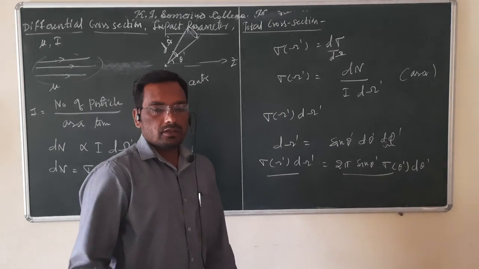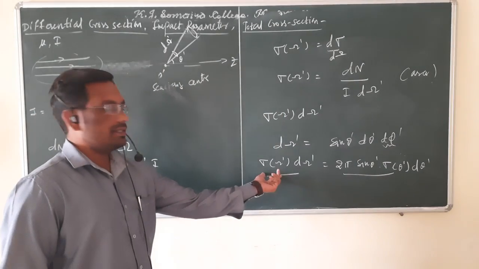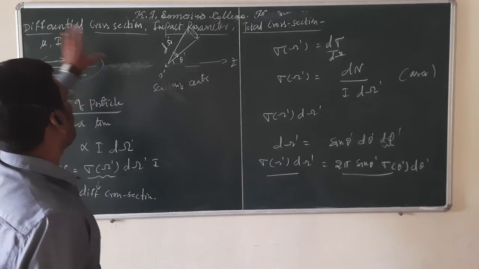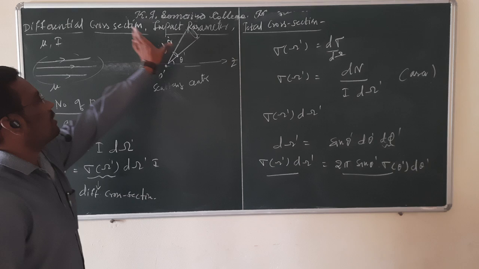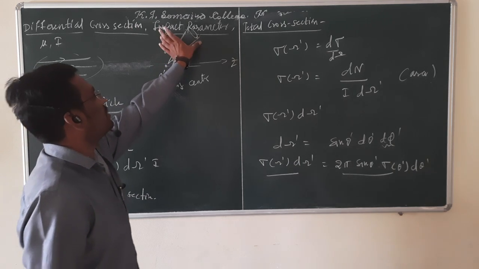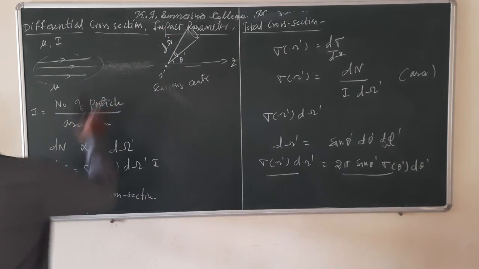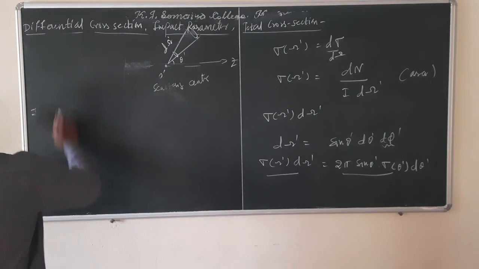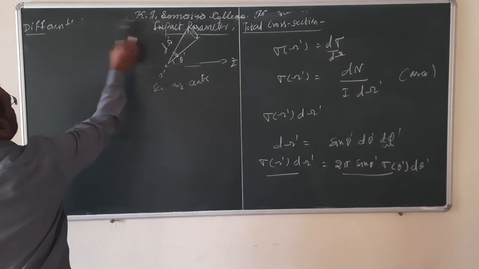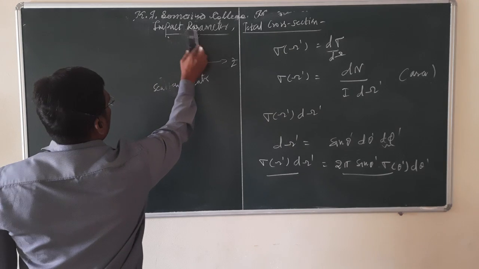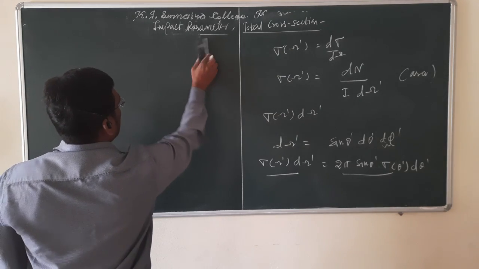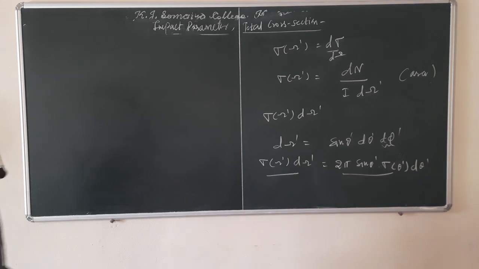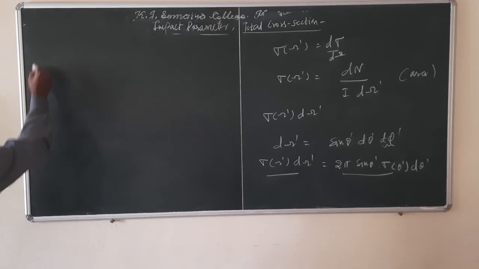Okay. Now we are using this for studying impact parameter. With differential cross section done, we are moving to our next section, impact parameter. Again, for impact parameter, we have to take a beam of particles.